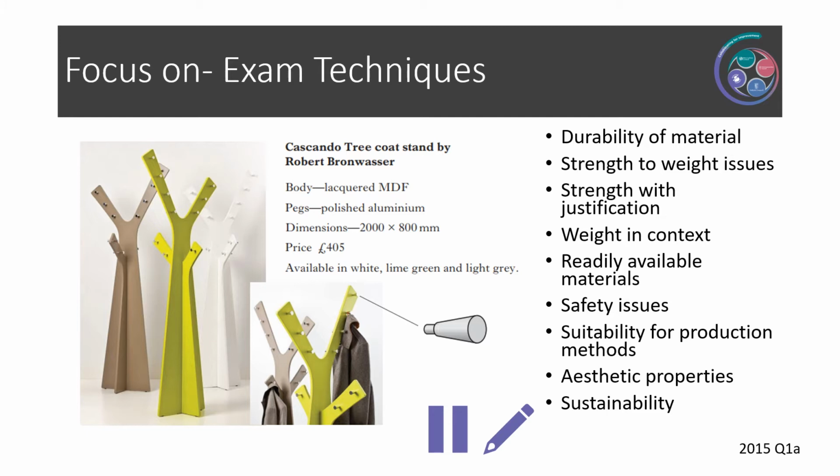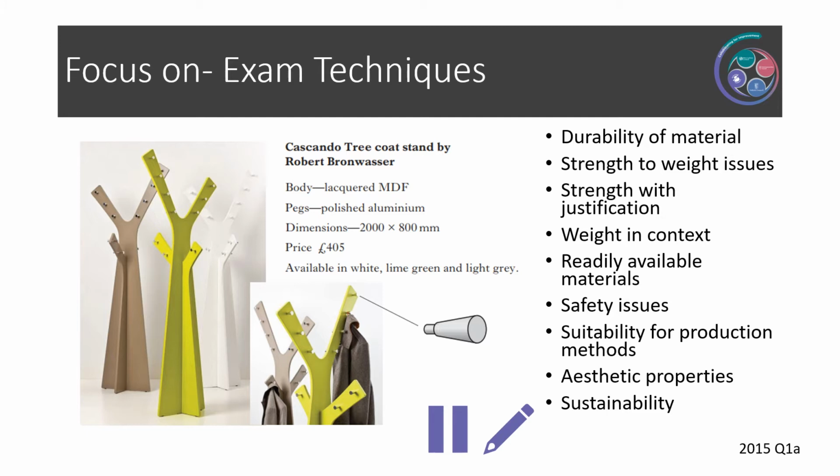The durability of the material, the strength to weight of the material, the strength with a justification for its purpose, the weight in the context of being a coat stand, is it a readily available material, are there any safety concerns or safety issues with the material, is it suitable for the production methods that are presumably being used, does it have any specific aesthetic properties, and how does it fare in terms of sustainability?